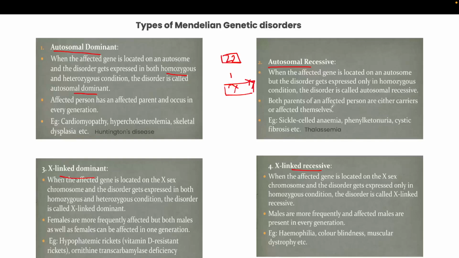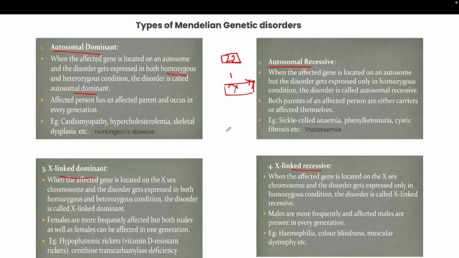Both parents of an affected person are either carriers or affected themselves. So for the offspring to have an autosomal recessive disorder, the parent should either be affected or be a carrier. Only then will the offspring have the autosomal recessive disorder.